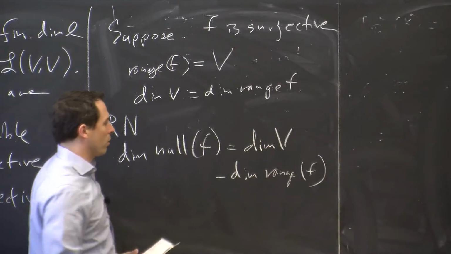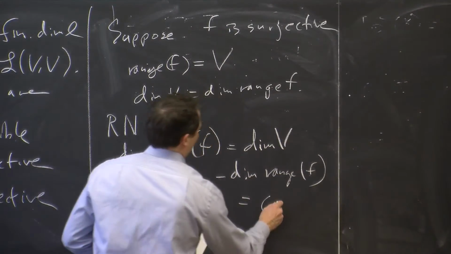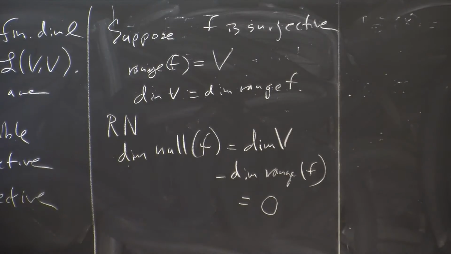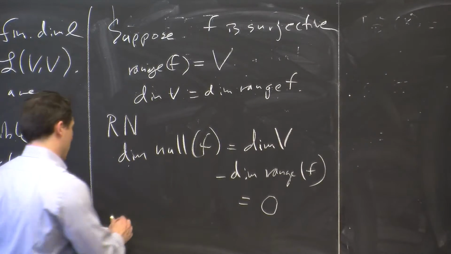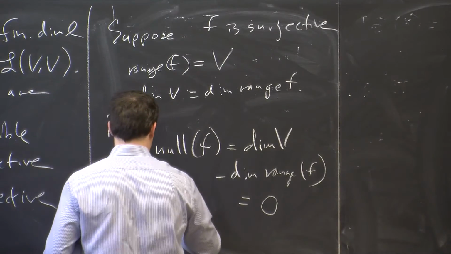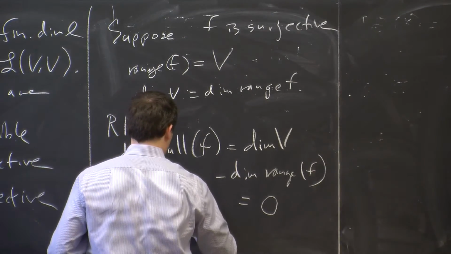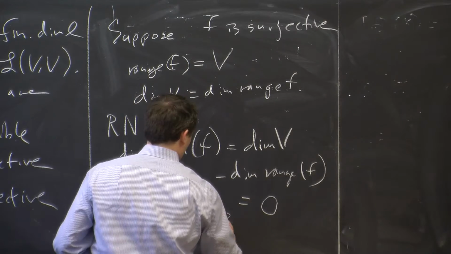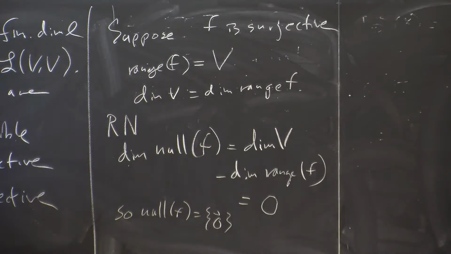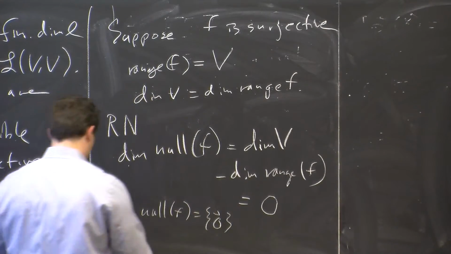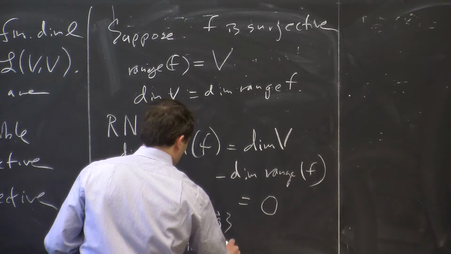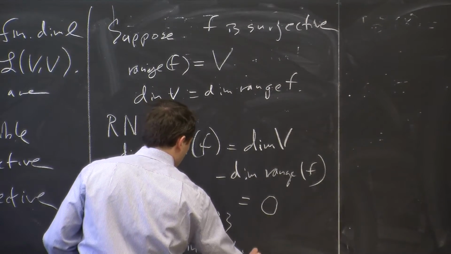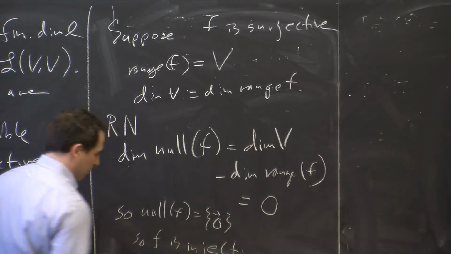Their dimensions are equal. So that's equal to 0. The only vector space which is dimension 0 is the 0 vector space. So the null space of F is the 0 vector space, and so F is injective. And since it's both injective and surjective, it's invertible.